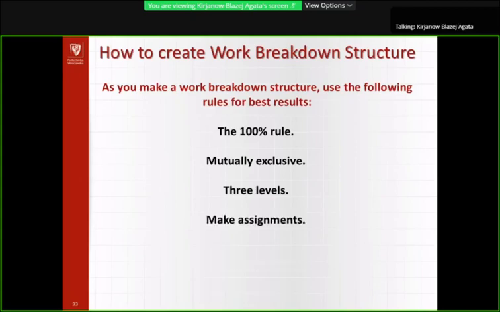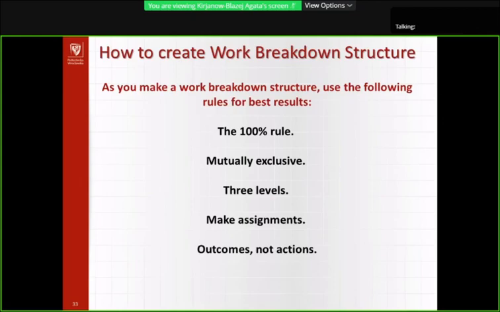Make assignments. Every work package should be assigned to a specific team or individual. If you have made your WBS well, there will be no work overlap, so responsibilities will be clear. Outcomes, not actions.